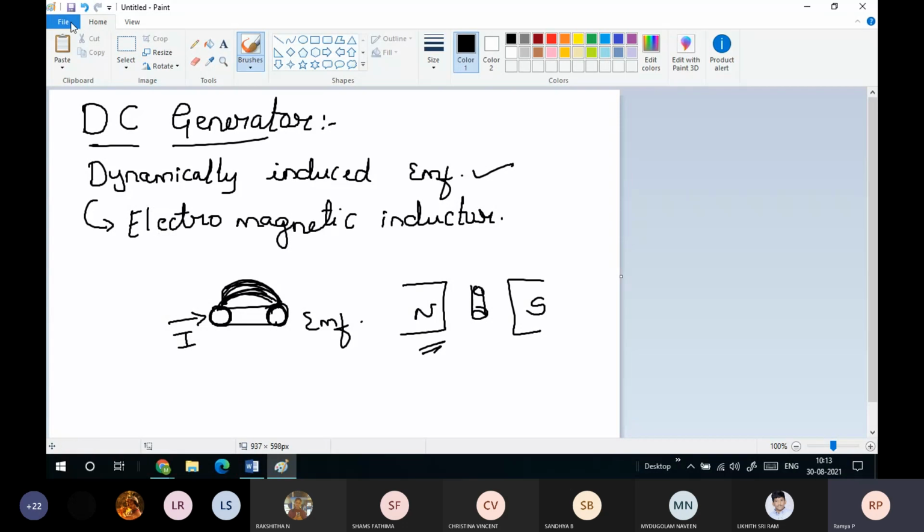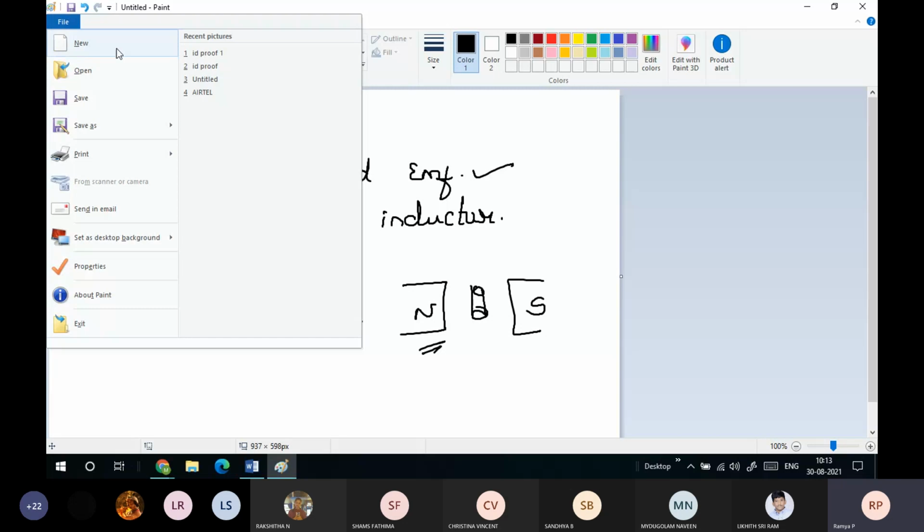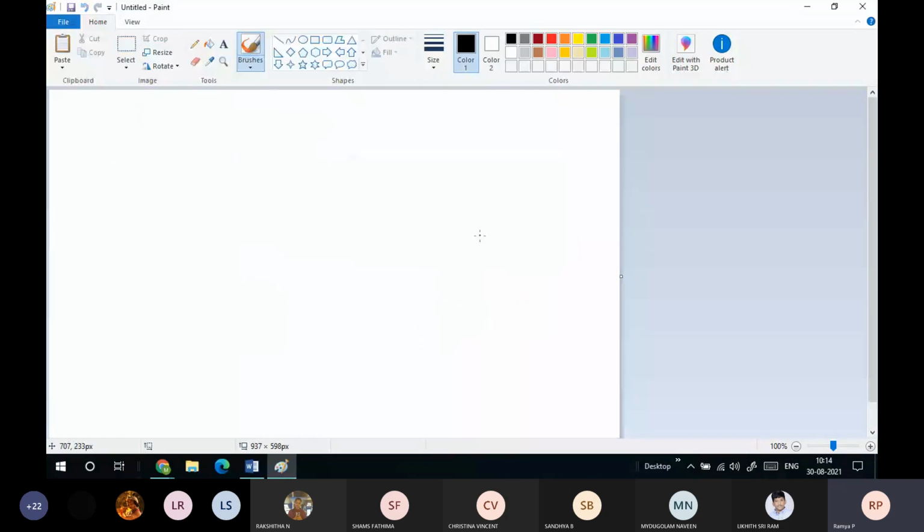And this EMF, whatever I have told you, is a dynamically induced EMF, right? I will indicate the dynamically induced EMF as a small e, and this EMF induced in the system is mainly because of the flux changes in the system.